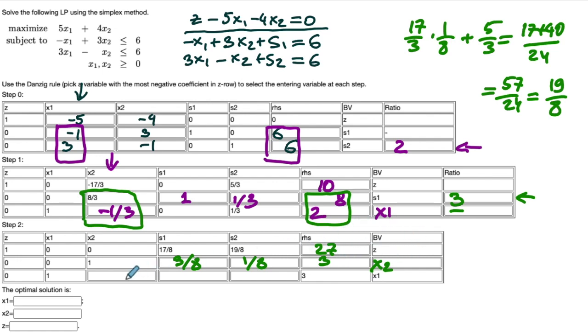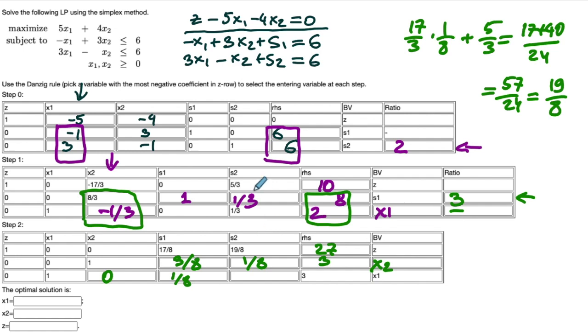Okay, so the last row that we need to fill in will be row 2, and the coefficient for x2 in row 2 was negative 1/3. Therefore, we need to multiply our basic row for x2 by 1/3 and add it to the previous row 2. So we'll have 1/3 minus 1/3 is 0 here. Then we'll have 1/3 times 3/8, which is 1/8, plus 0 here is 1/8.